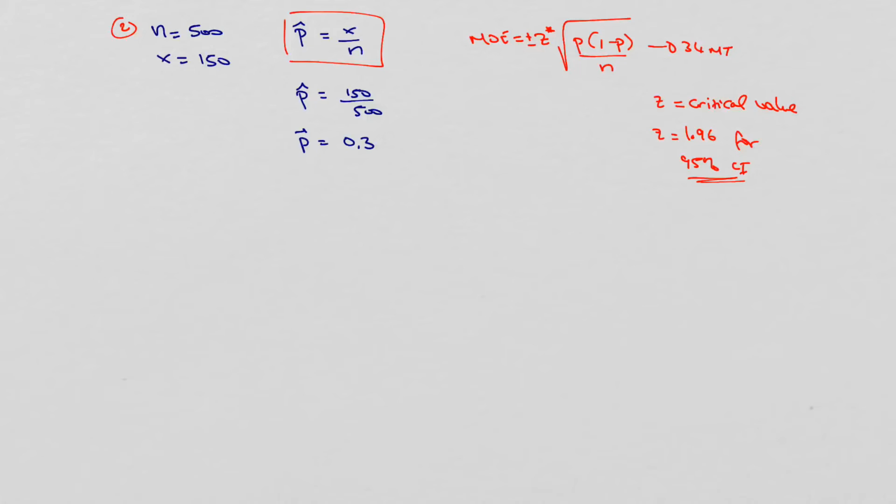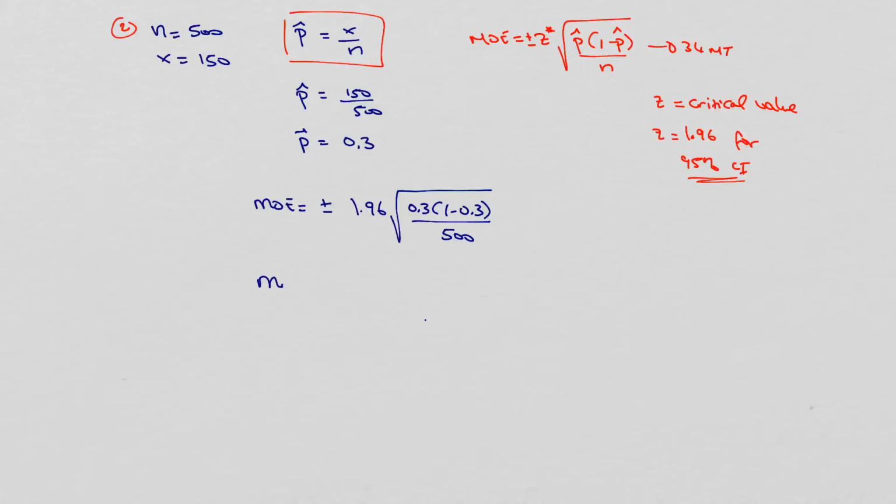Again, because we don't know our true population proportion in this question, we only know our sample population proportion, we adjust our formula to p hat. So our margin of error is going to be plus or minus our critical value, 1.96 times the square root of 0.3 times 1 minus 0.3 all over our sample size, which is 500.